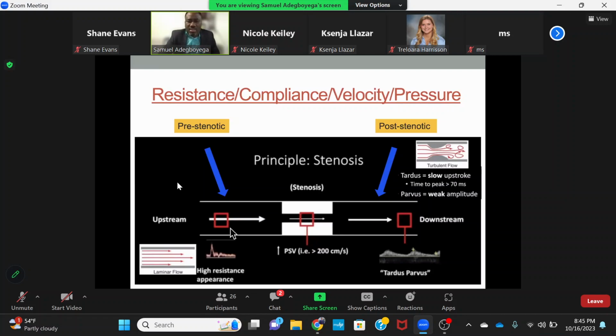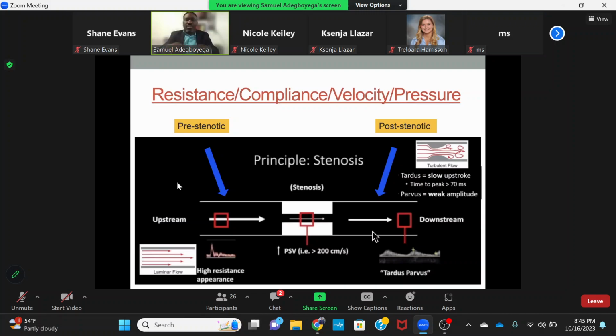They'll say something like pre-stenotic, meaning before the stenosis, stenotic, and post-stenotic: what's the velocity? Pre-stenotic, the velocity will be high, but won't be higher than the stenotic area. Post-stenotic, it will be low. So you should know that.